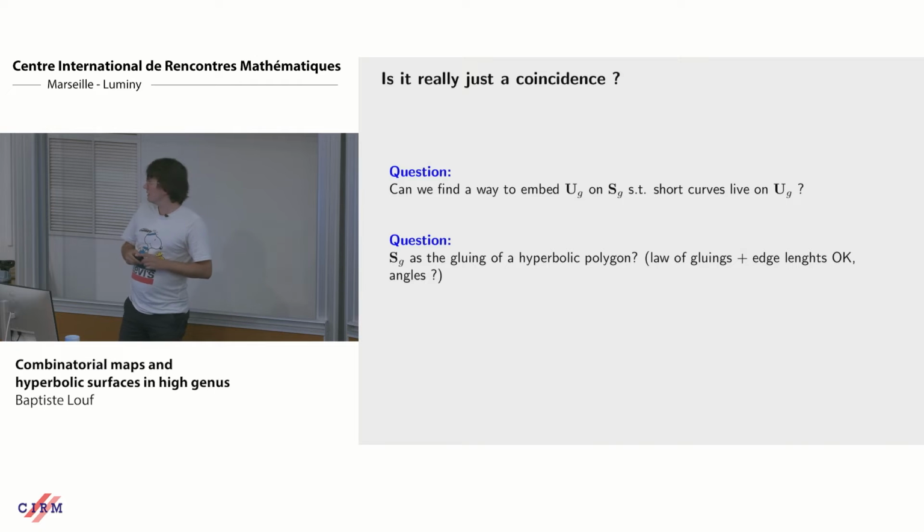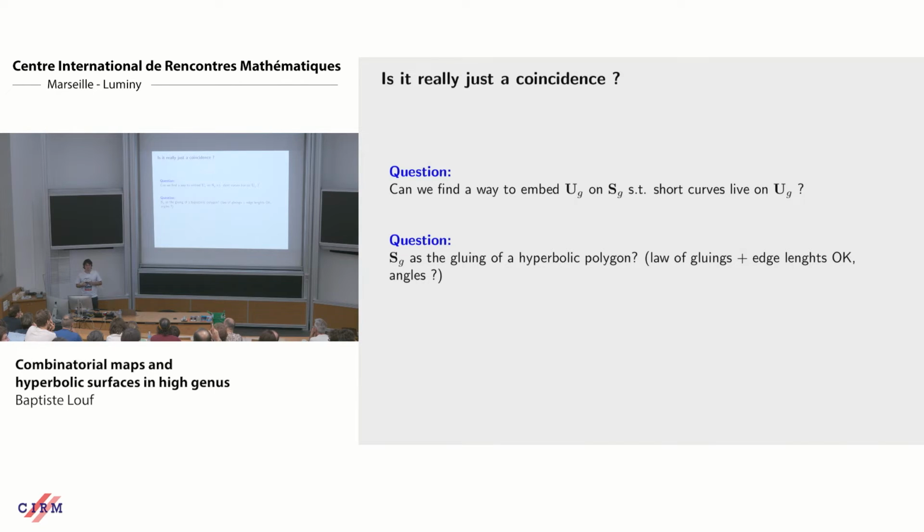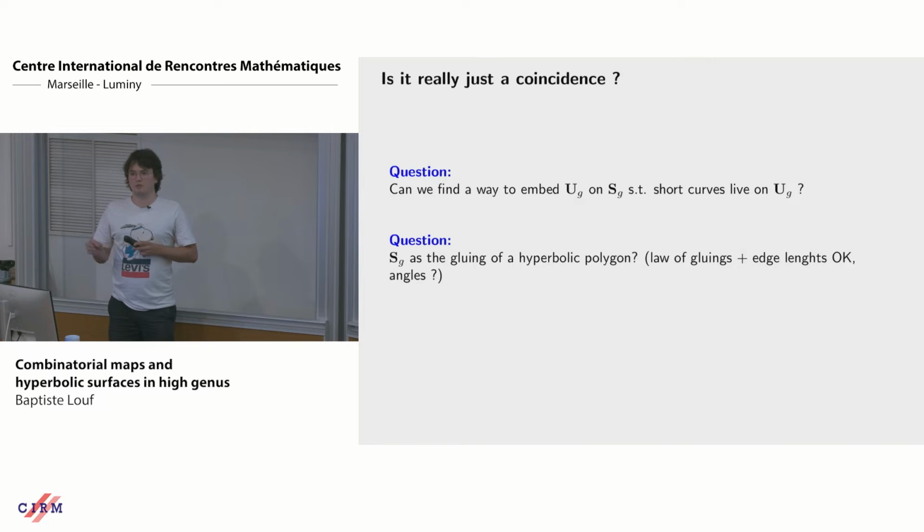Okay. Any questions so far? Sorry, can you speak louder? What do you mean the metric? I mean, if you just look at the map, you mean on the polygon that's inside? Yeah, so that's what I'm saying.